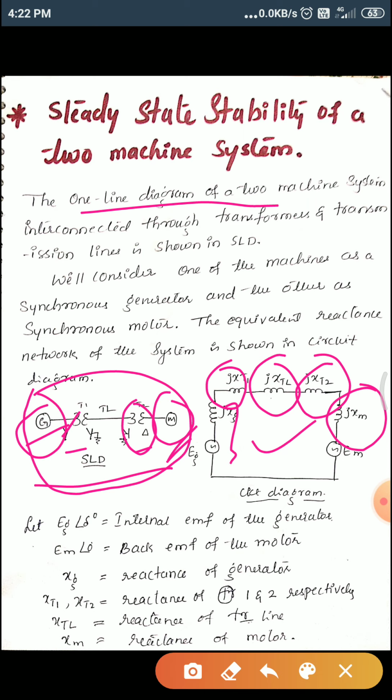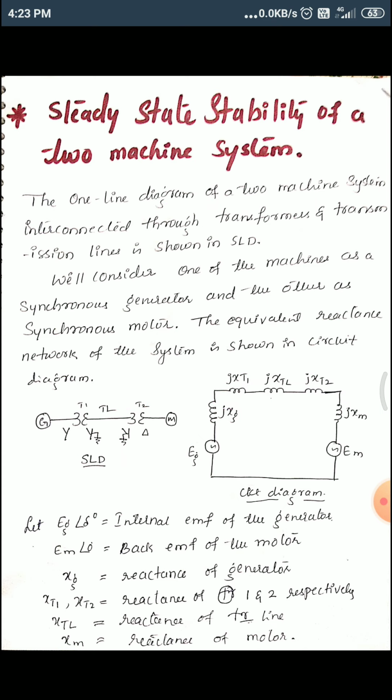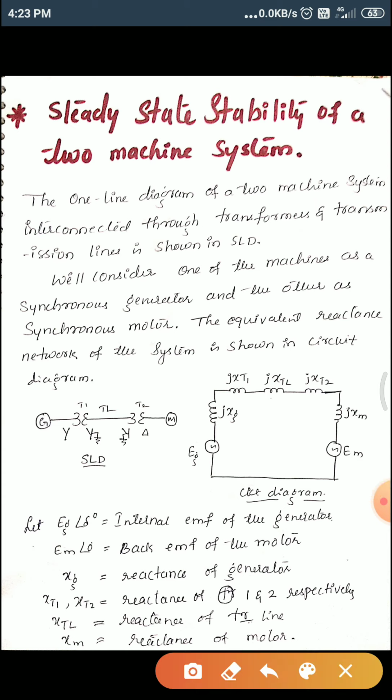Remember this is for positive sequence. You just draw the reactance diagram; here we are not going to consider any sequence diagrams. This is the reactance diagram of the machine.